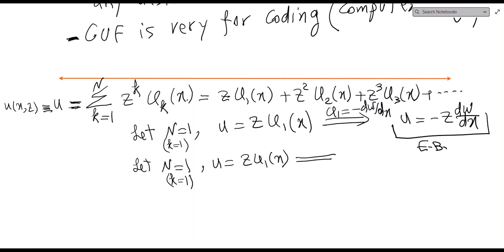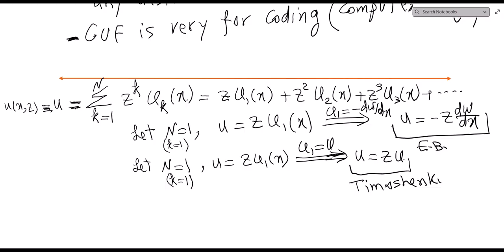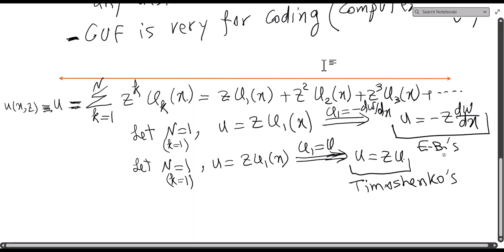But if I let phi_1 be phi, then I get u is z phi. This should look familiar. This is Timoshenko beam theory. It is no longer necessary to restrict the phi to be the slope at that x location that we are considering.